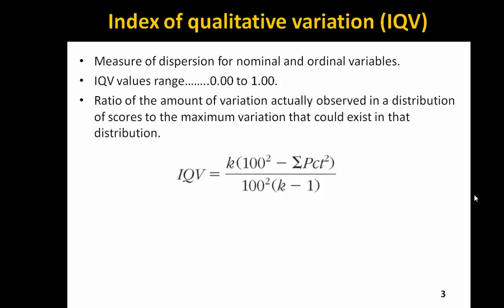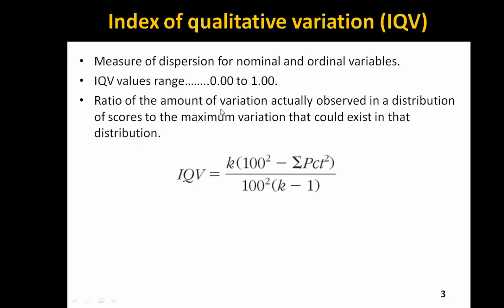And so the IQV is just that. It's a ratio of the actual variation. When I say the actual variation, that's what we observe in our sample. So we collect a sample of data, and of course not every value is going to be the same, but what we're interested in is how much those scores vary.